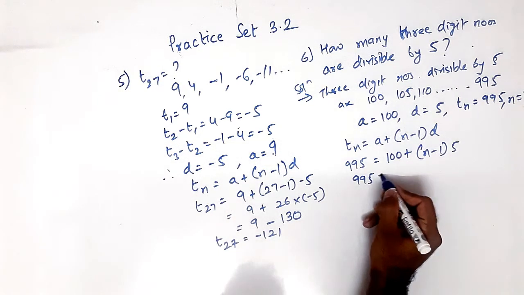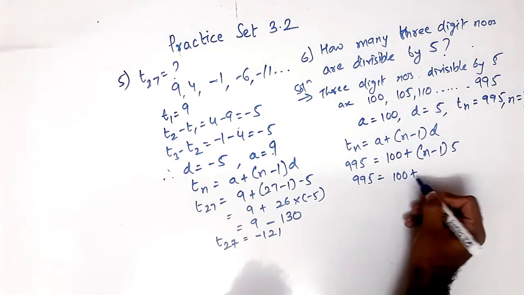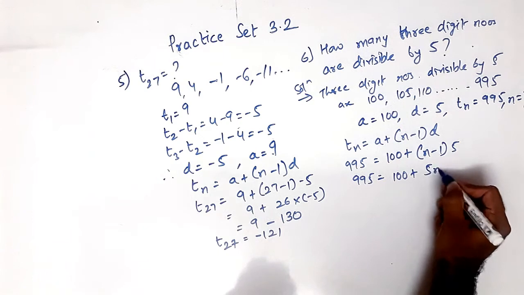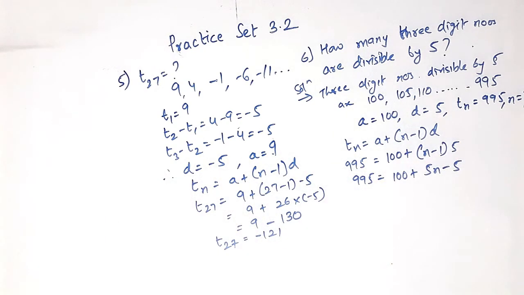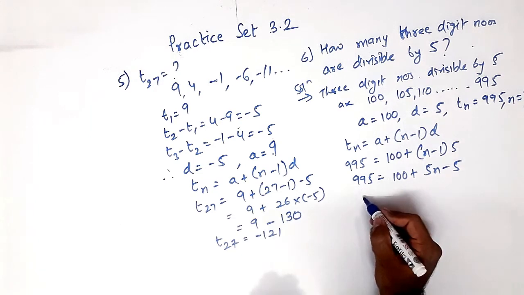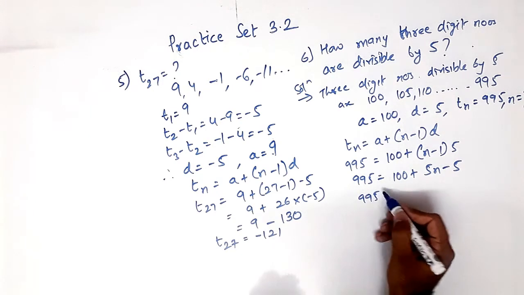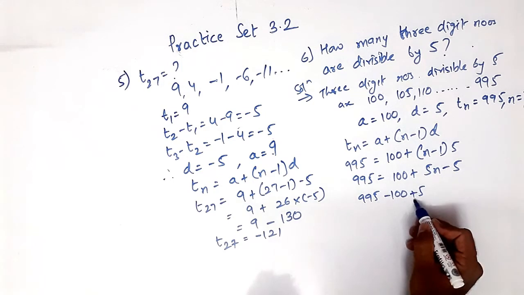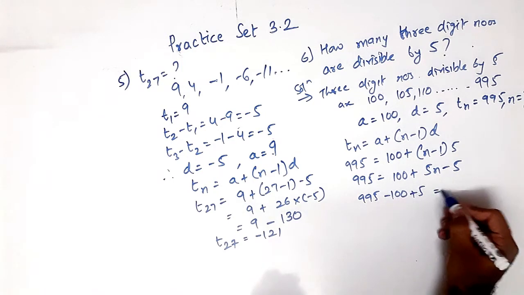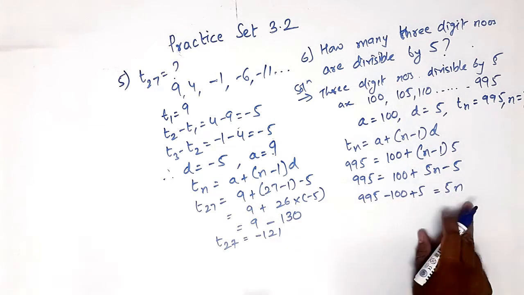So 995 equals 100 plus this becomes 5n minus 5. Okay, now 995, 100 I'll bring it here, 5 also I'll bring here, it will become plus 5, this will become minus 100. The only thing remaining in the RHS is 5n.